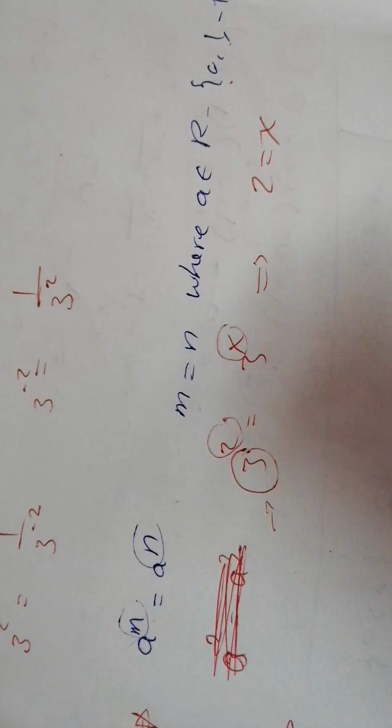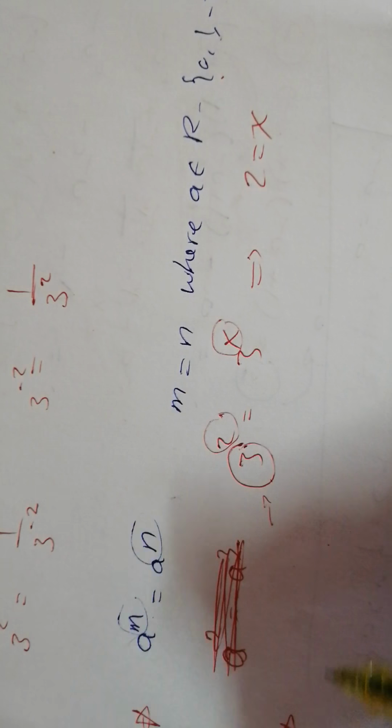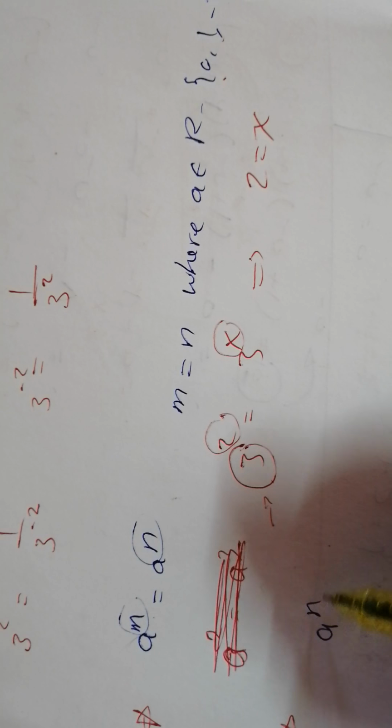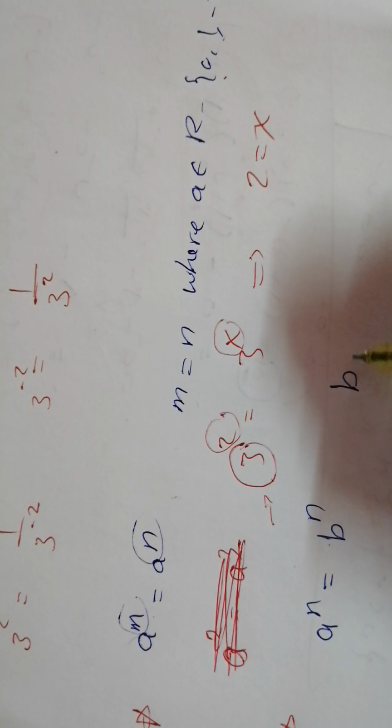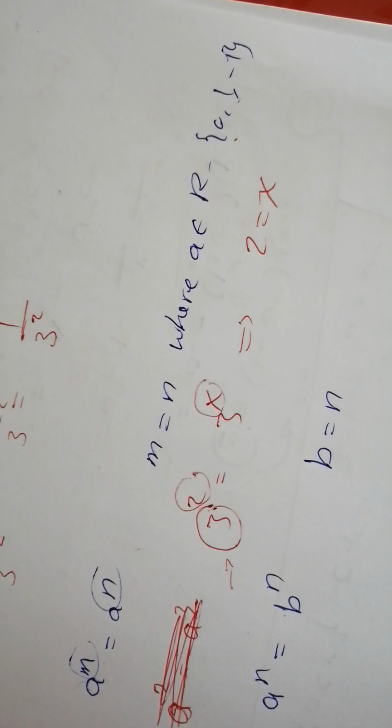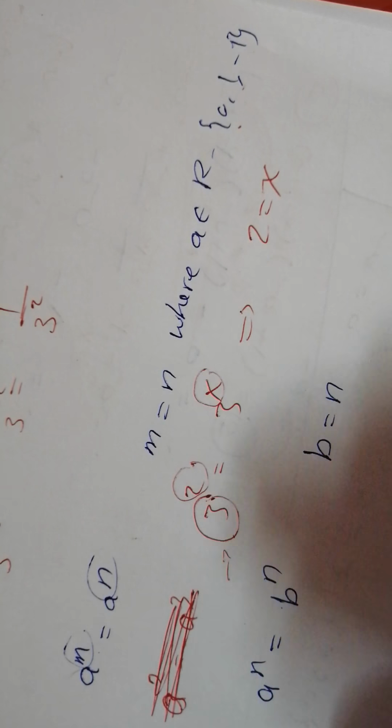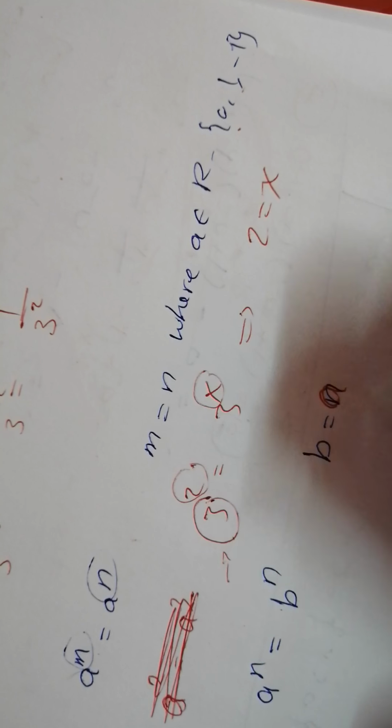And we have a second rule which says if a power n equal b power n, then b equals a, sorry, not n.